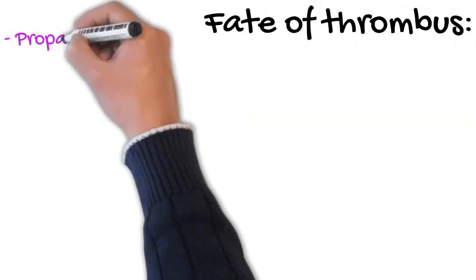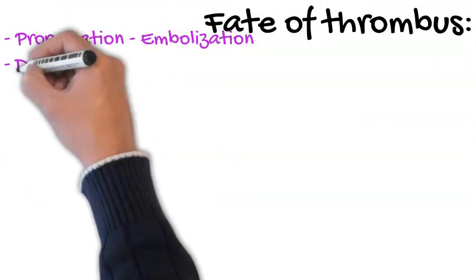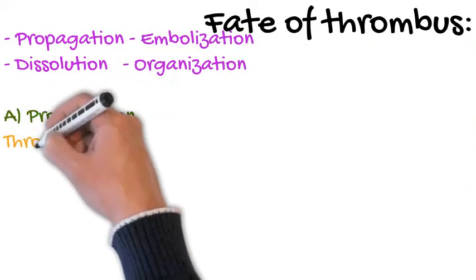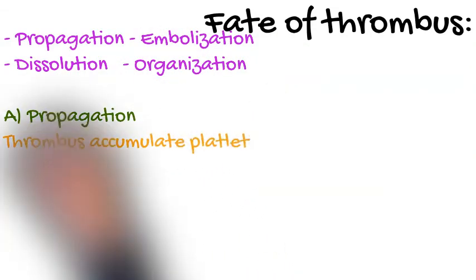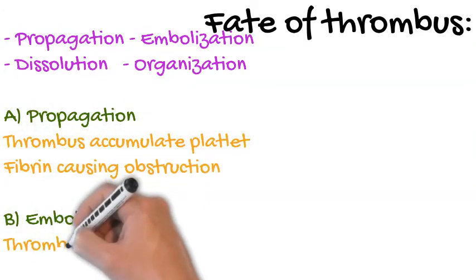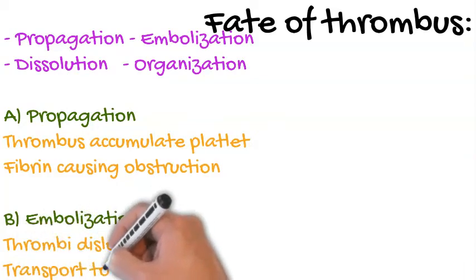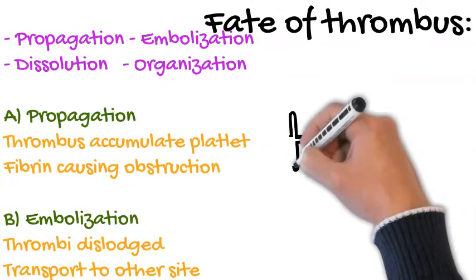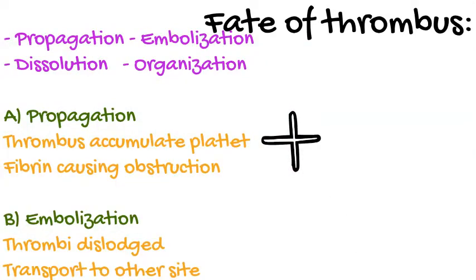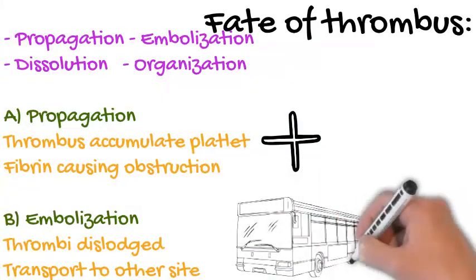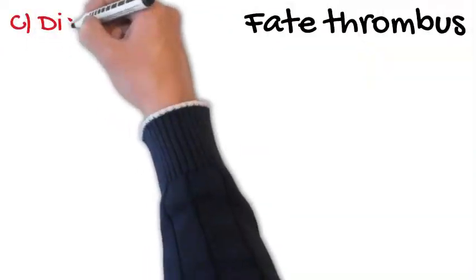The fate of thrombus can be divided into propagation, embolization, dissolution, organization, and recanalization. For propagation, thrombus will accumulate platelets and fibrin causing obstruction. For embolization, thrombi may dislodge and be transported to another site. Dissolution, whereby thrombi are removed by fibrinolytic activity.